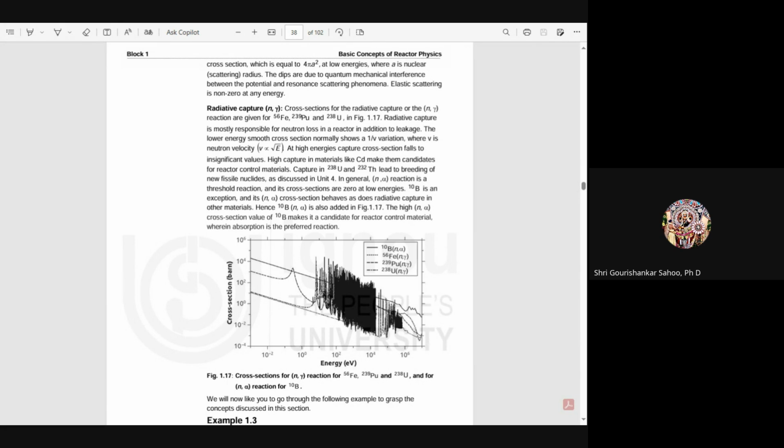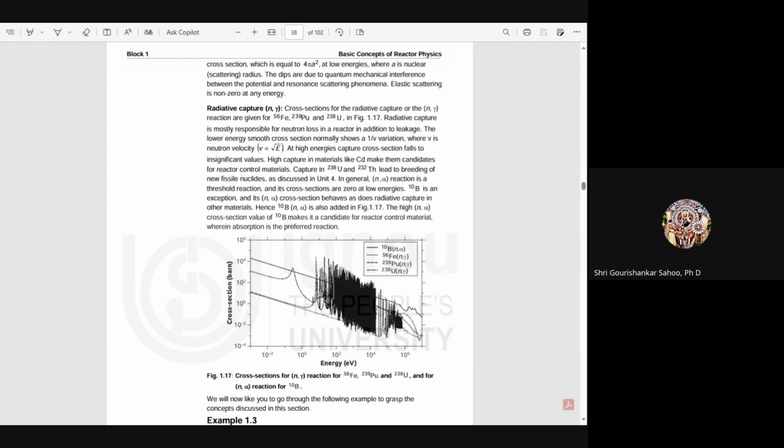So radiative capture is mostly responsible for neutron loss in a reactor in addition to leakage. The lower energy smooth cross section normally shows a 1 by v variation, where v is neutron velocity and v is directly proportional to root over E. At high energies, capture cross section falls to a insignificant value. High capture in materials like cadmium makes them candidates for reactor control material.